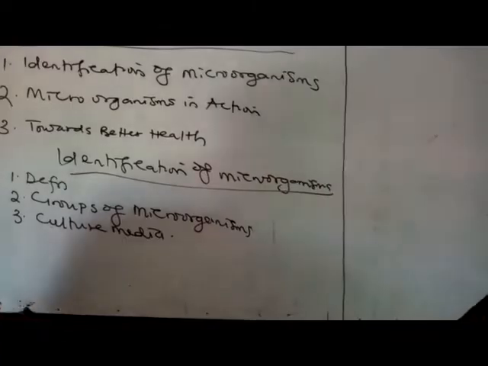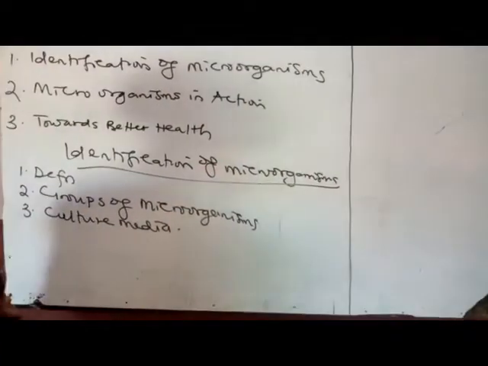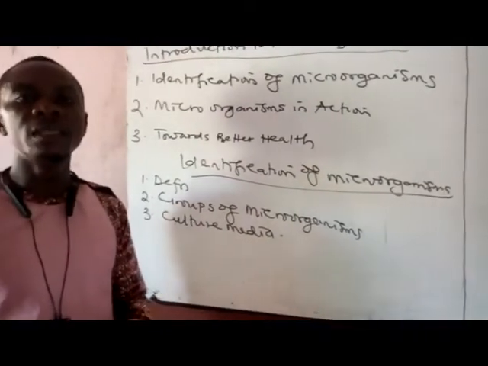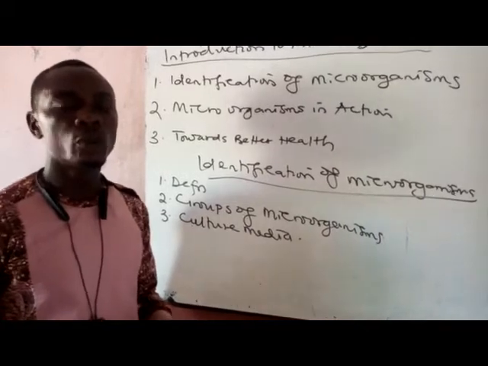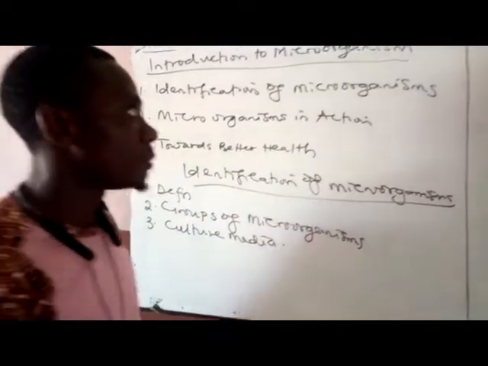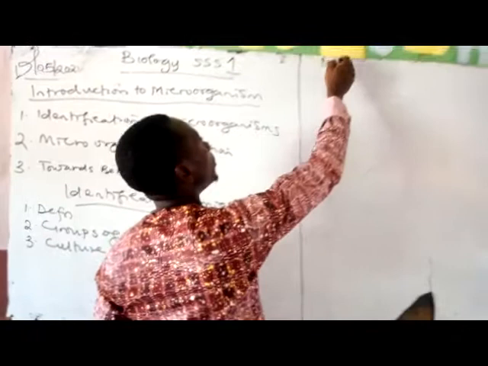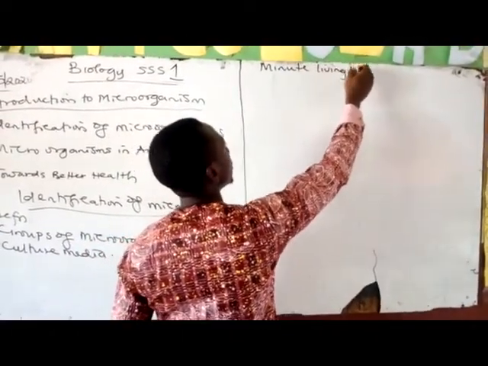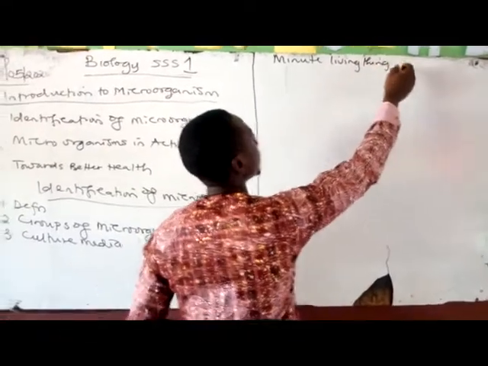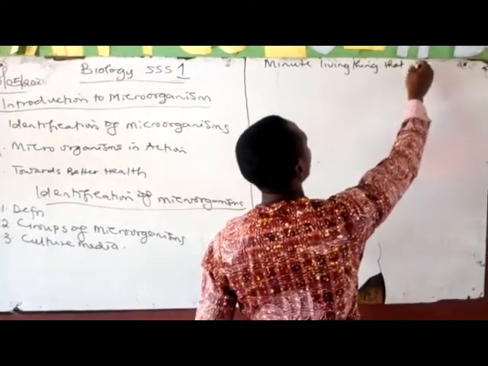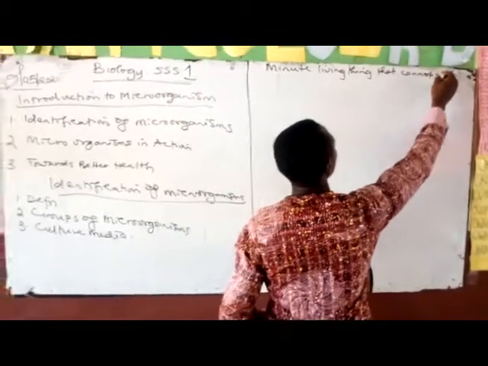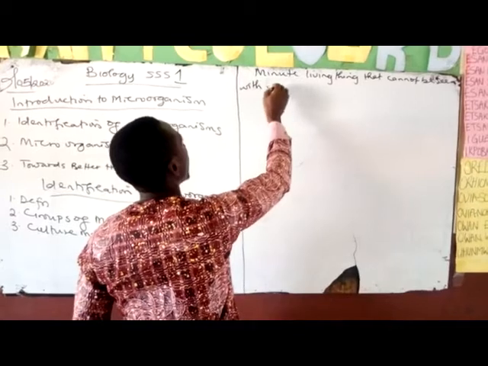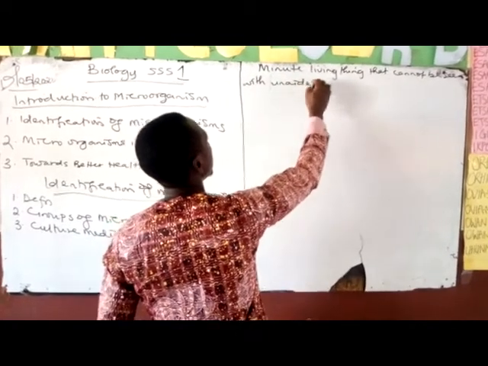Now, what are microorganisms? Microorganisms are minute, living things that can only be seen using a microscope. You cannot see them with your naked eyes. That is microorganisms. Minute, living things that cannot be seen with the unaided eye.